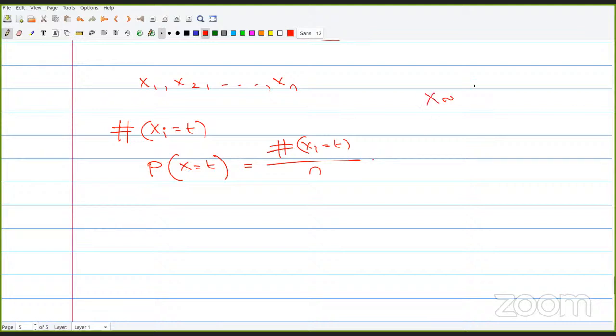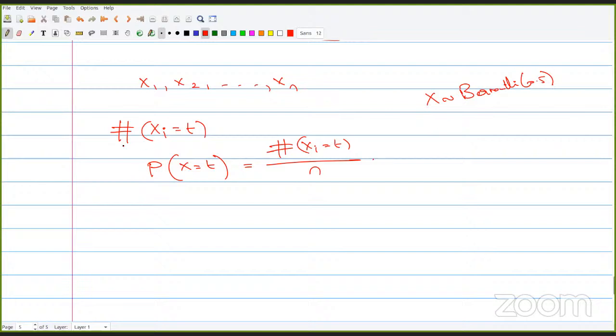I always take Bernoulli because it gives you an easier understanding, and then we can go for higher distributions. So let us say x follows Bernoulli 0.5, and x1, x2, ..., xn are IID samples of this x.